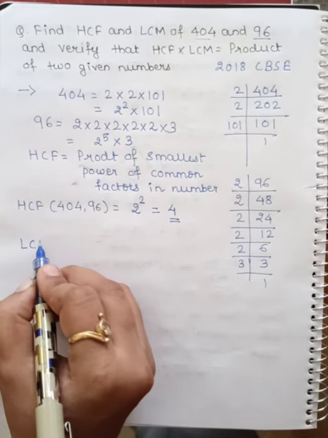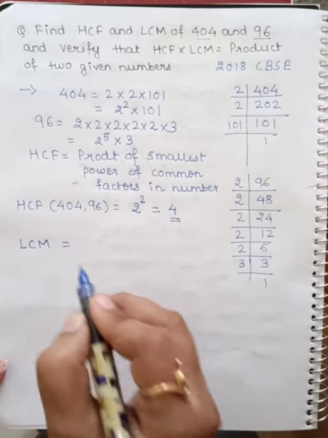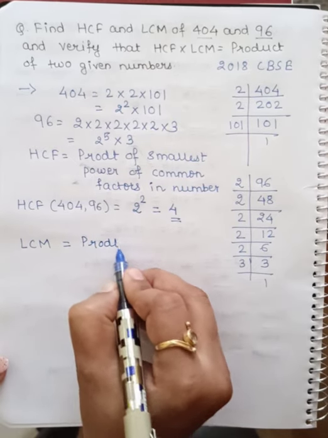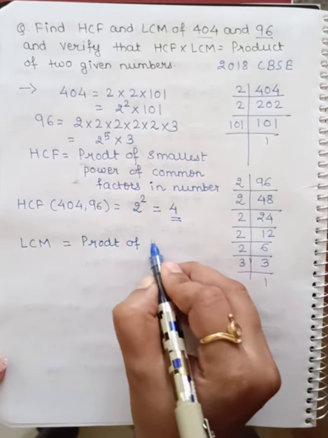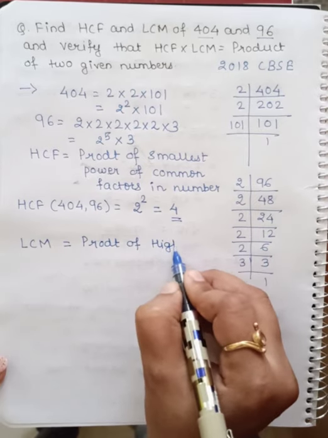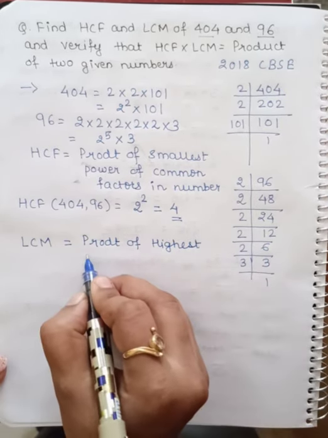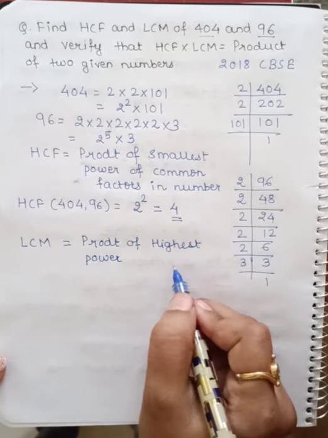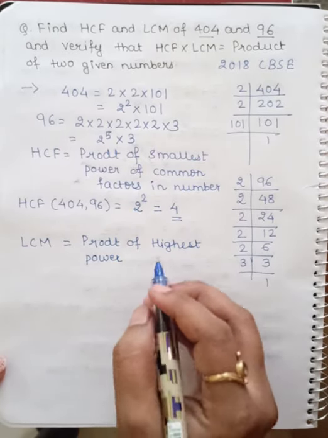Similarly, there is a formula for LCM also. Whenever you are finding the LCM of two numbers, you again have to take the product of the highest power. In HCF you are taking the smallest power, but here you are taking the highest power.